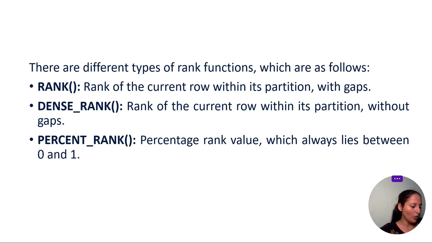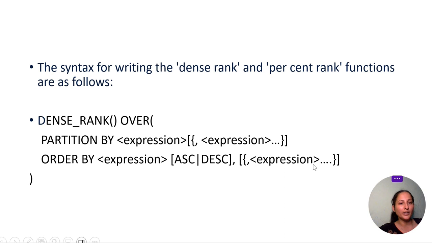Let us understand the dense rank function and how to write it. The syntax for writing the dense rank and percent rank functions is as follows: DENSE_RANK OVER clause, PARTITION BY expression 1, 2 up to n, ORDER BY expression, ascending or descending, whichever you want.